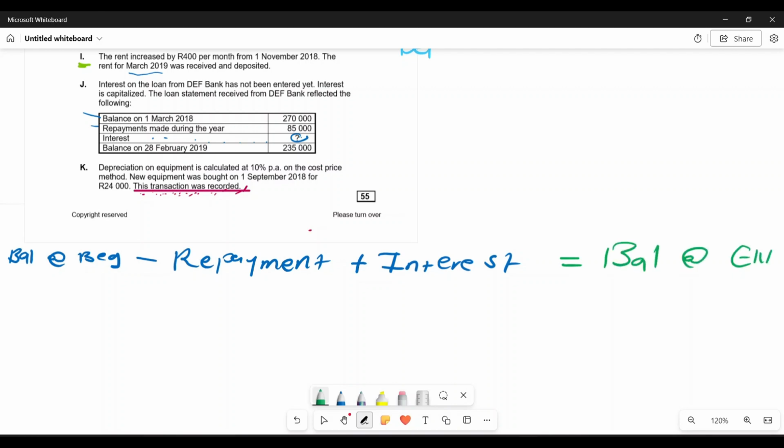You see that I'm using that table right over there. So all these variables are on the table. So what is our balance at the beginning? 270,000. How much is our repayments? 85,000. Interest, this is what I'm looking for, so I'm going to indicate it with an X. Now, all this is equal to our balance at the end, which is 235,000.